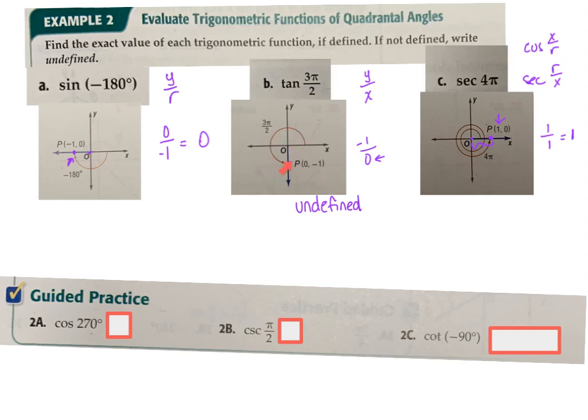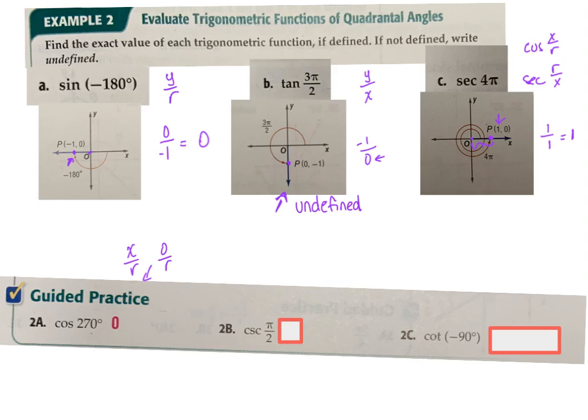So I want the cosine of 270. Cosine is x over r. Does it matter what my r is? What is my x value on this particular angle? It falls on the y-axis. What is my x value always on the y-axis? 0. So 270 is always going to be 0 over r. So that's always going to be 0.